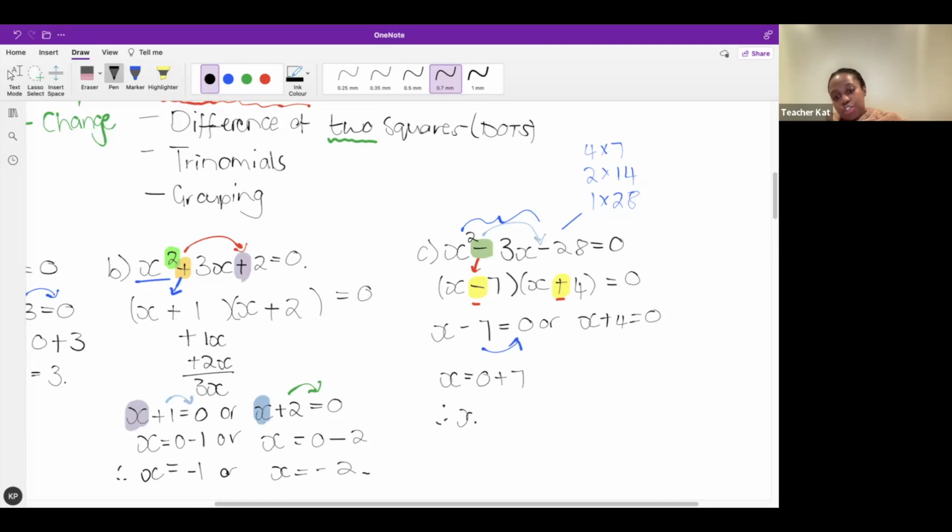Therefore, my first solution is x is 7. Or +4 goes over. What happens when +4 goes over? Becomes a -4. 0 minus 4. Therefore, my second solution is x is equal to -4.